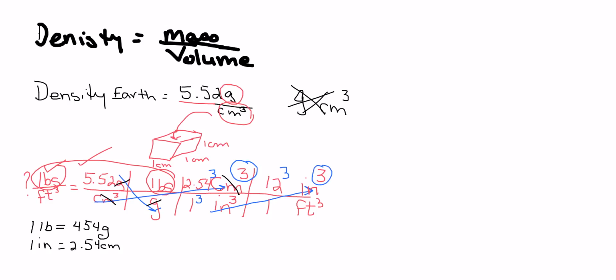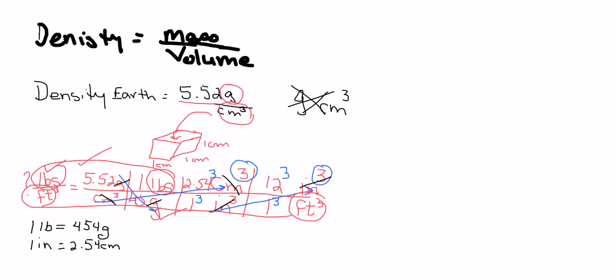And I cancel inches just to dot my I's. I circle feet cubed. I wanted feet cubed. I give myself a check mark, and I start to complete the various numerical conversions that I may not have put in here yet. And there is one that I haven't put in, and that's the relationship to pounds and grams. 1 pound is 454 grams.